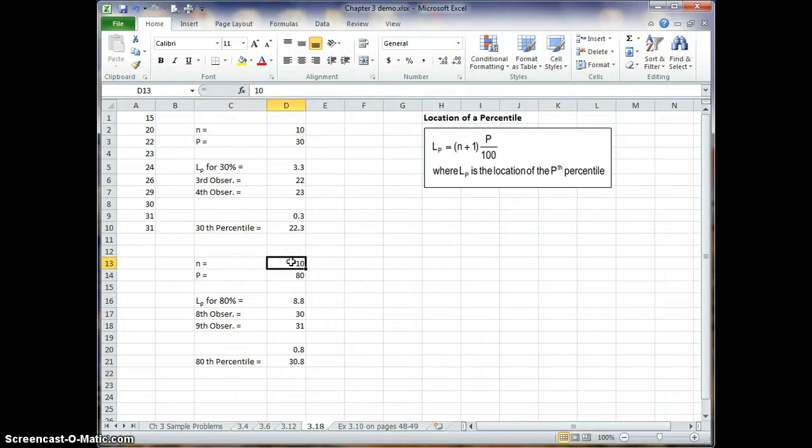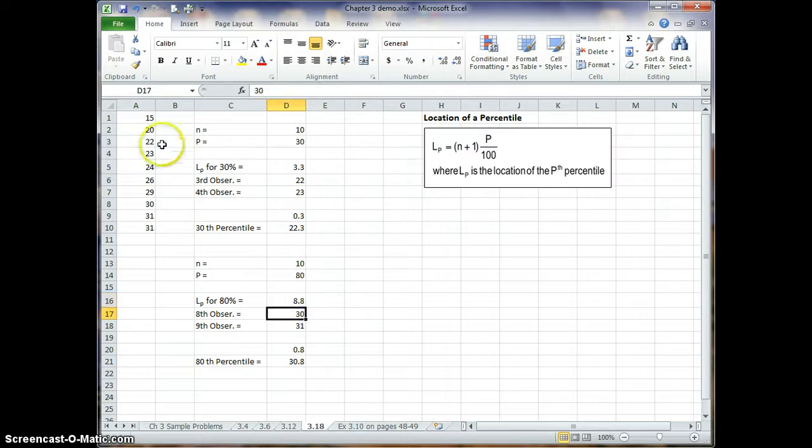You've got n equal to 10 because that's the number of observations total. We're given 80 in the problem, and then we take this, and if I click up here, you'll see that it's n plus 1, so D13 is the 10 plus 1 times D14, the 80, divided by 100. So it's just this formula, which gives us 8.8.